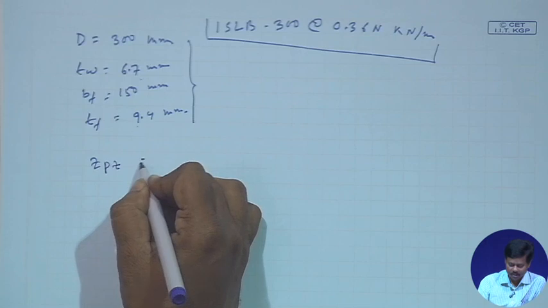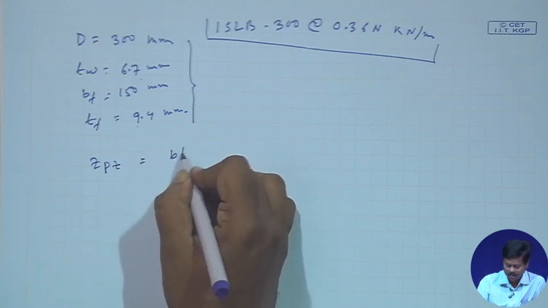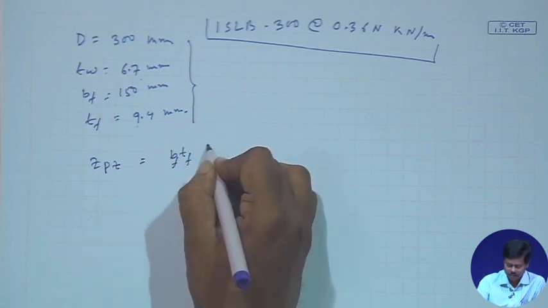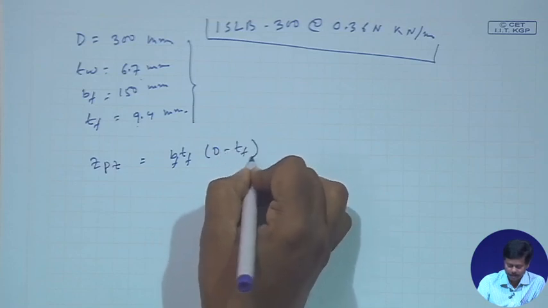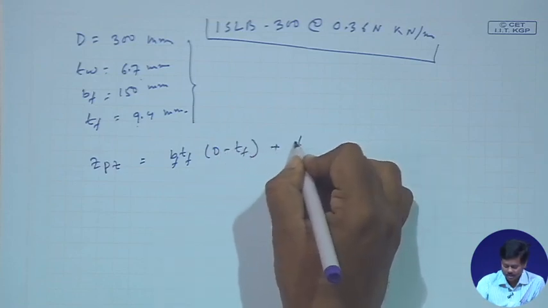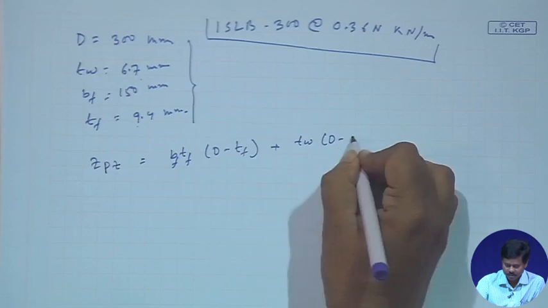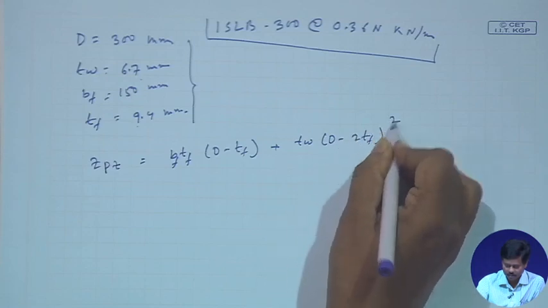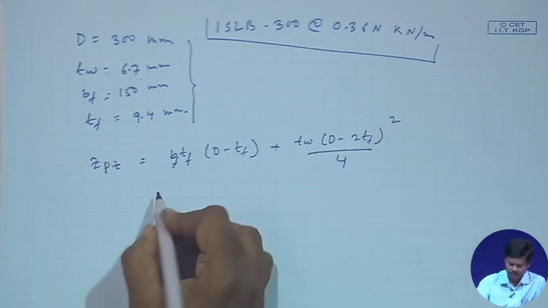p z. So, Z p z will be B f into T f into (d minus T f) plus T w into (d minus 2 T f) square by 4.